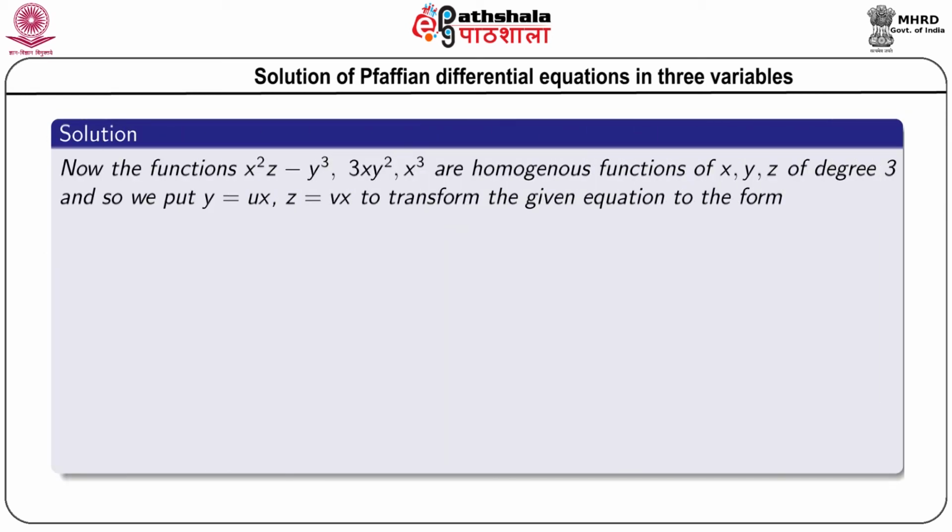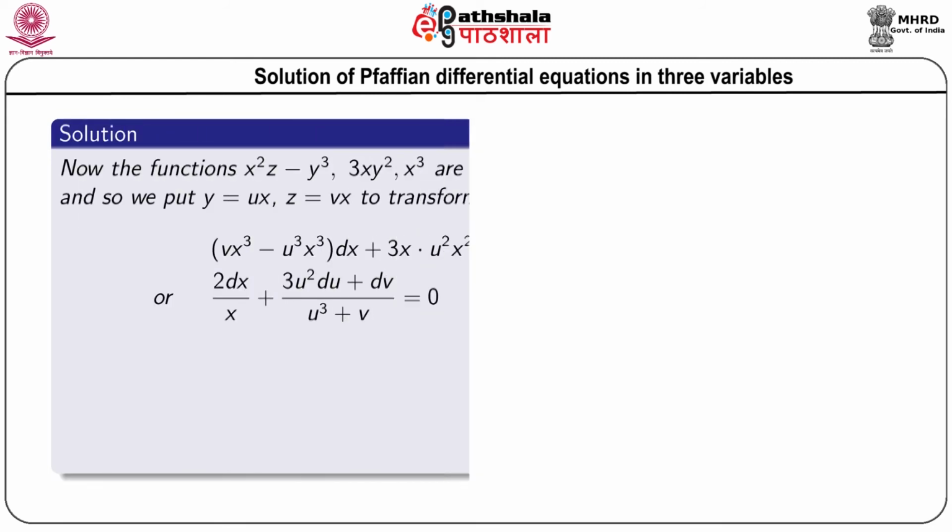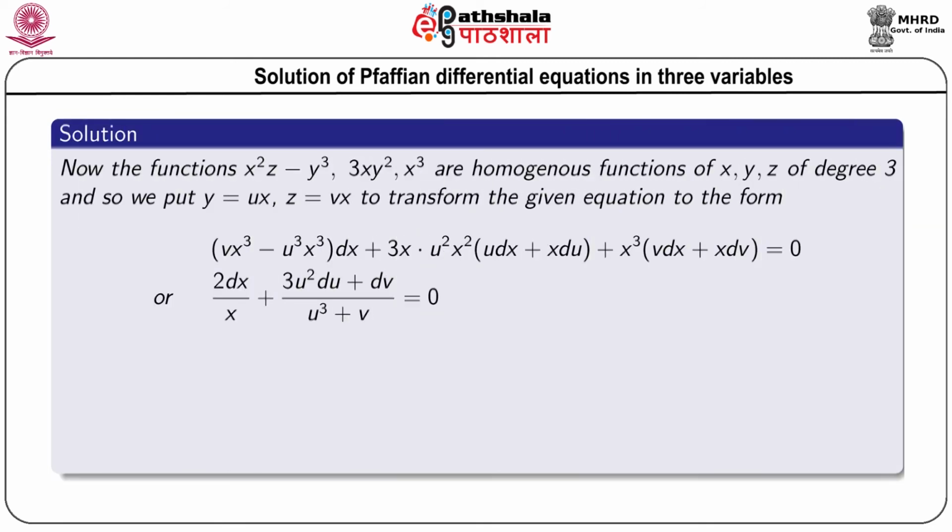Now, if we look at the expressions for p, q and r, these are functions of x, y, z of degree 3. Not only functions, they are homogeneous functions of degree 3. So, the substitution we need to make is y equals ux and z equals vx. Now we are changing the equation from x, y, z to x, u, v.